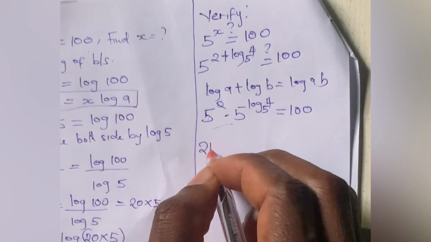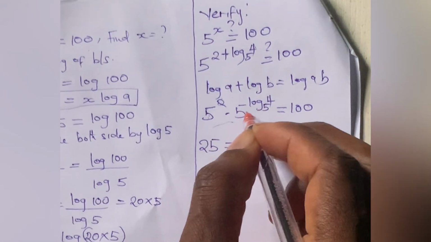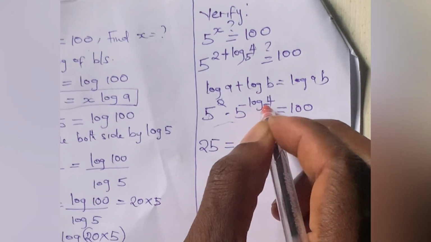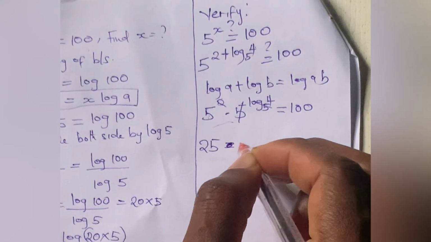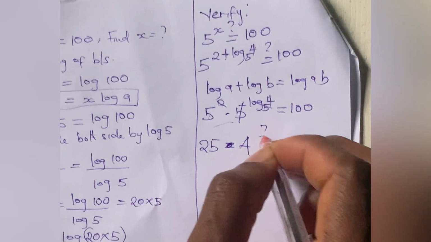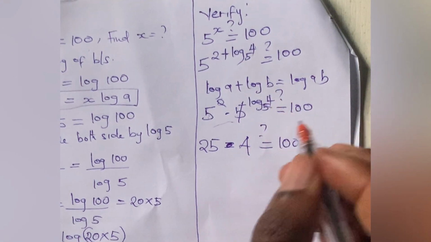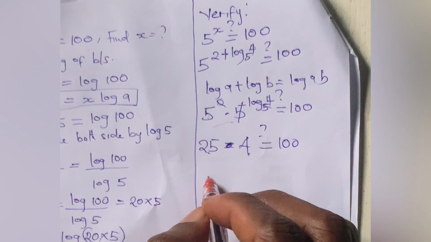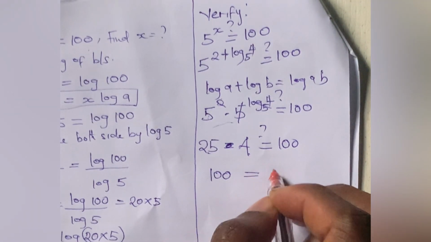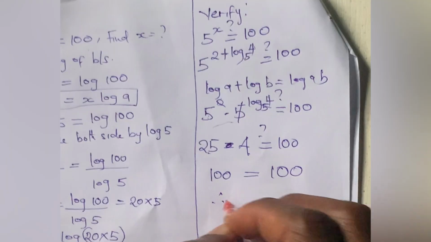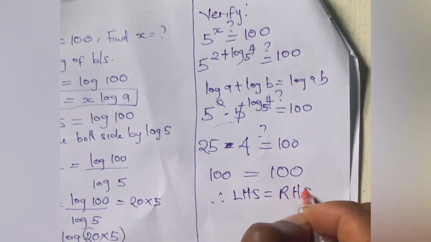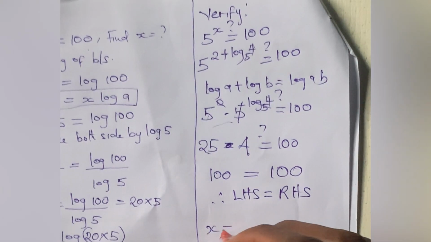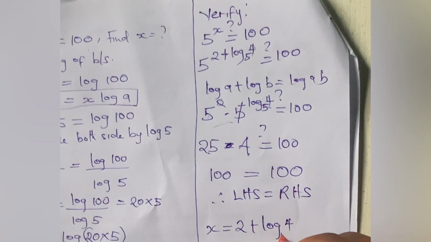That will give us 25. The 5 to the power of log base 5 will cancel, so you have multiplied by 4, and is it equal to 100? 25 times 4 will give us 100, and that is equal to 100. Therefore, our left hand side is the same thing as our right hand side. The value of x is equal to 2 plus log 4 base 5.